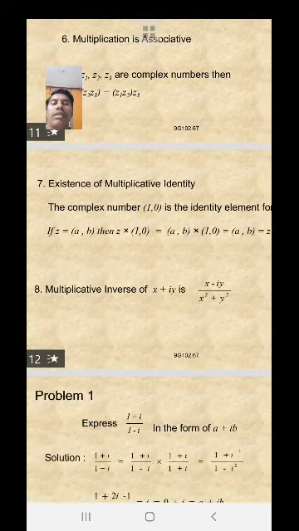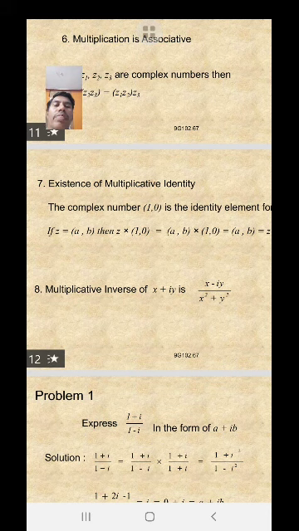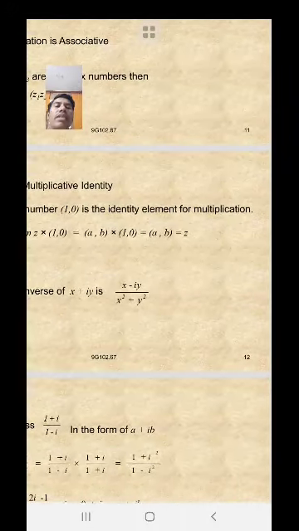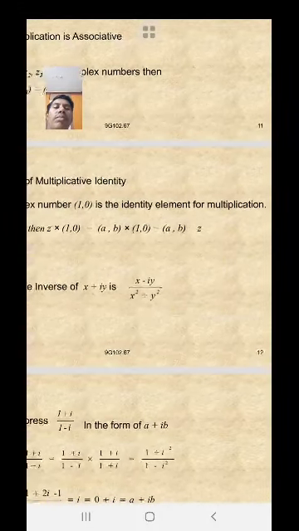Seventh point, existence of multiplicative identity. The complex number (1, 0) is the identity element for multiplication.